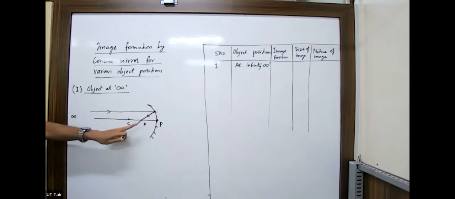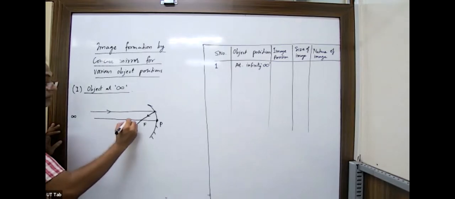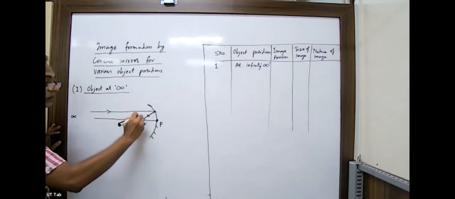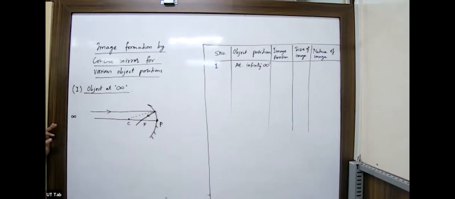What is the rule to draw the reflected ray? What is the law of reflection? Yes, angle I should be equal to angle R. How do we verify that? So, what is the normal at this point? Yeah, radius of curvature. Center of curvature is the point.